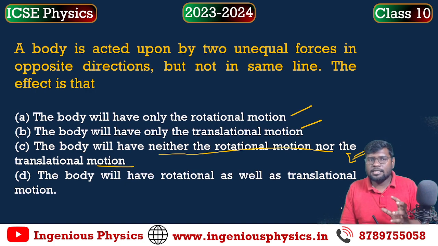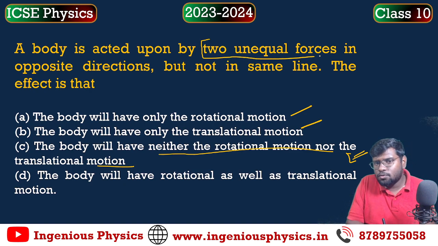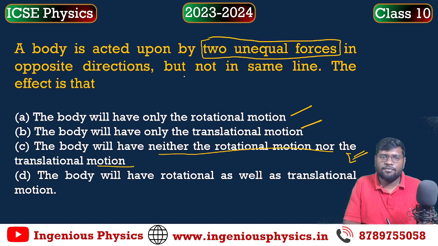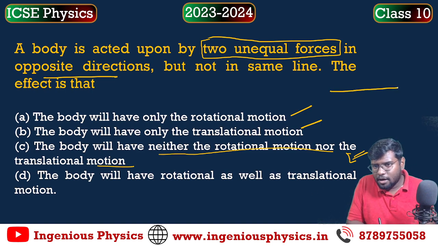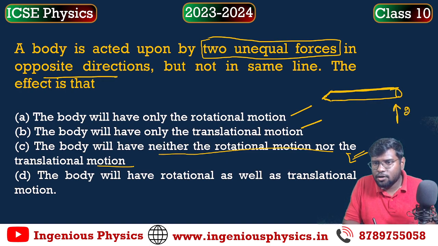A body is acted upon by two unequal forces. Pay attention. Two unequal forces in opposite direction they are acting. Suppose I am taking a bar like this, or else you can do one practical, right? Just take your pencil or pen, which you have just kept on a table. Just place it on a table. Do one thing. Apply force here like 20 Newton.